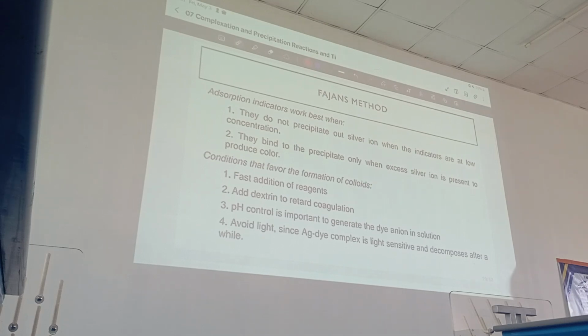Conditions that favor the formation of colloids: you need a fast addition of reagents, and add dextrin to prevent coagulation. Dextrin is a chemical so that your indicator does not clump with the sample. pH control is important, so the pH must be neutral and avoid light.